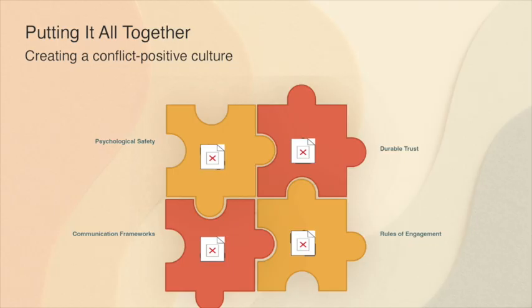Those are all ways that we can approach people in a way that increases psychological safety and builds trust. And then finally, having these rules of engagement, some of the team dynamics might fit into this too, some of those rules. Now we have a framework for how we're going to operate together as a team.